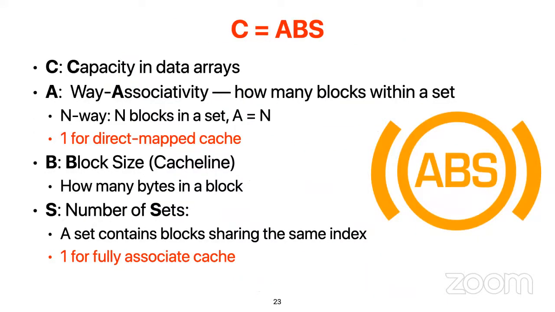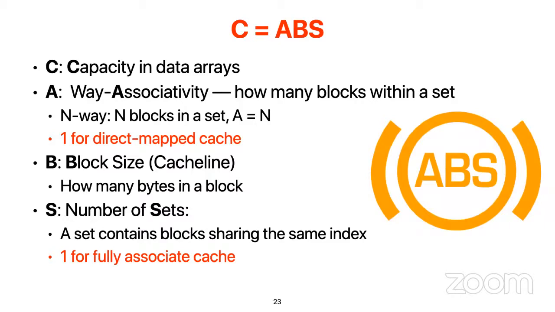And now another thing is, okay, Professor, I understand what you're talking about. We have to partition addresses into tag, index, and offset. But how many bits are there in the tag? How many bits are there in the index? How many bits are there in the offset? How do I know? So here is the equation C = ABS, where C represents the capacity. A represents the way-associativity, meaning how many blocks are there within a set.